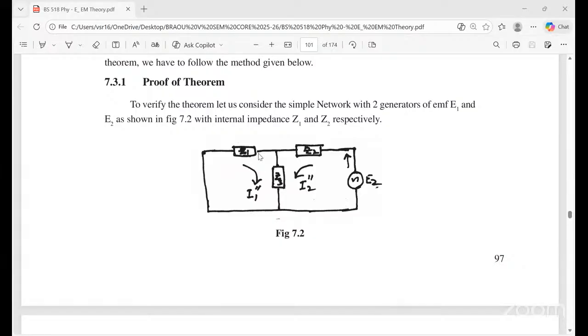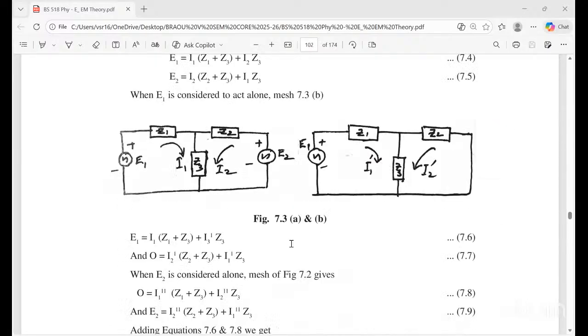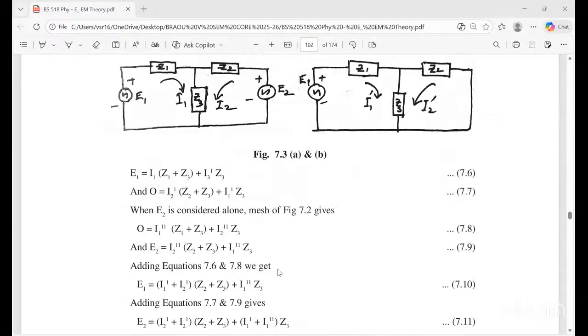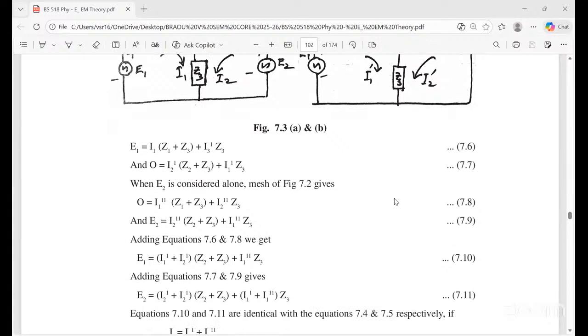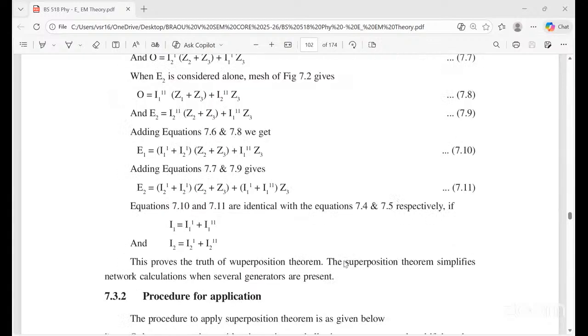See here. Impedance Z1, current I1, Z2, I2, and this is E2. If it is E2, if it is E1, both are present. How are we going to simplify? The superposition theorem gives you I1 equals I1 dash plus I1 double dash. Similarly, I2 equals I2 dash plus I2 double dash.